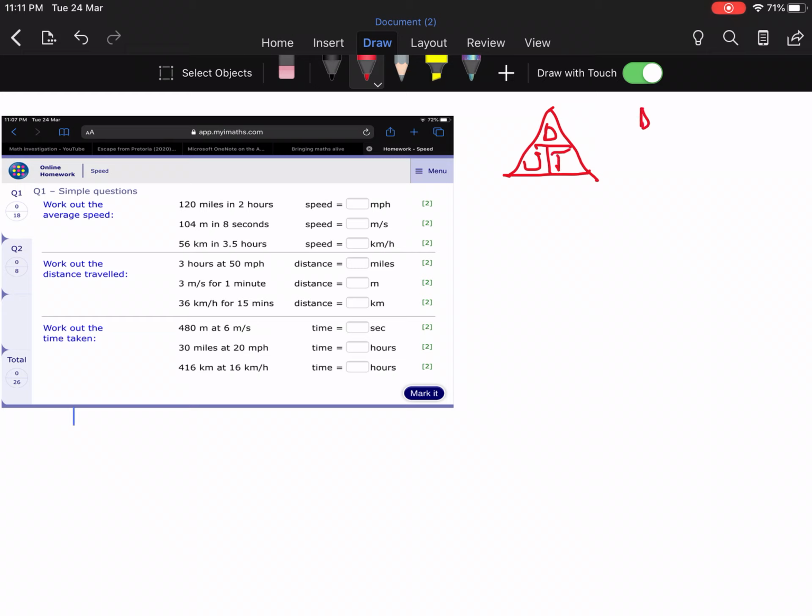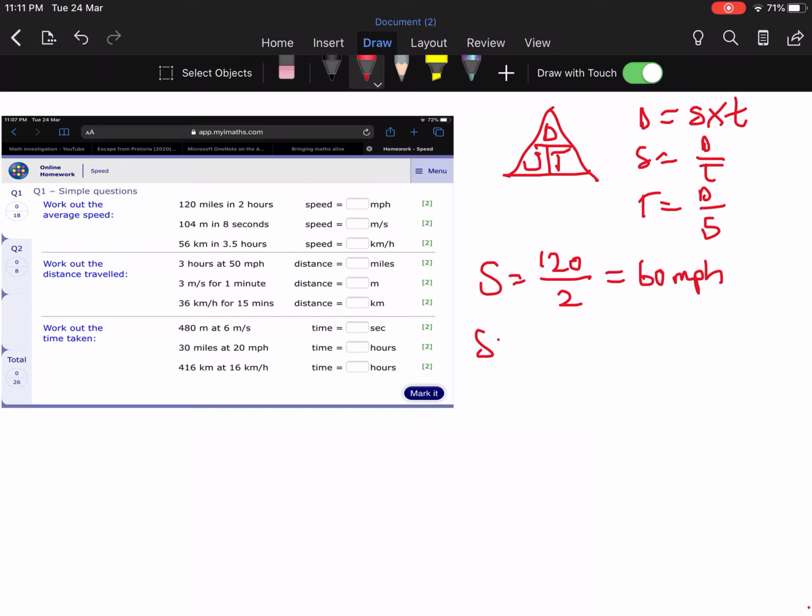So for the first, speed is equal to distance divided by time. So that would be 60 miles per hour. Speed is equal to 104 divided by 8 because it's meters per second.